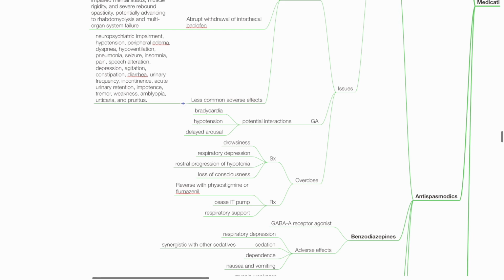Potential interactions with general anesthetic drugs includes bradycardia, hypotension, and delayed arousal. Overdose of baclofen may lead to drowsiness, respiratory depression, rostral progression of hypotonia, and loss of consciousness. Treat with physostigmine or flumazenil, discontinue IT pump, and provide respiratory and cardiovascular support.